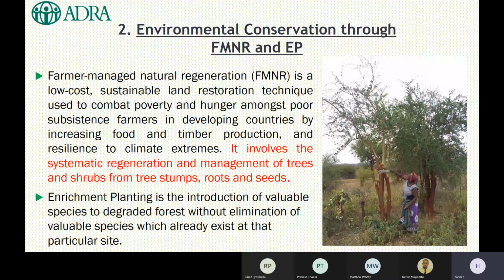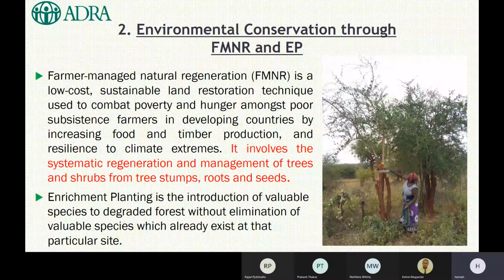And it involves systematic regeneration and management of trees and shrubs. One of the learnings we learned from here, using this enrichment planting and FMNR strategy, is that working with the community and using their indigenous knowledge is quite impactful.